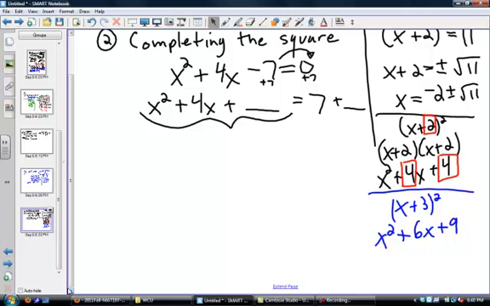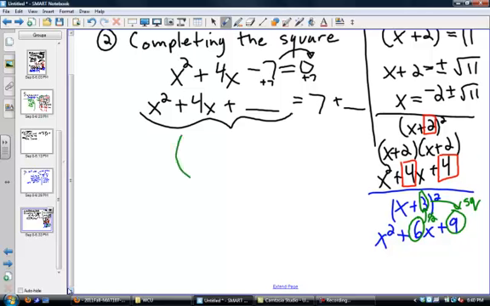The connection between these three numbers is that if I know what this one is, I can just take half to get that, and then I square to get this. That's what we're going to do.